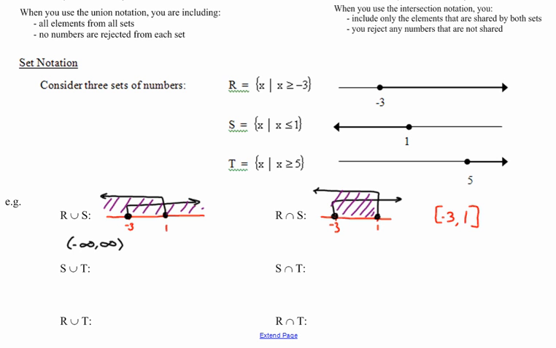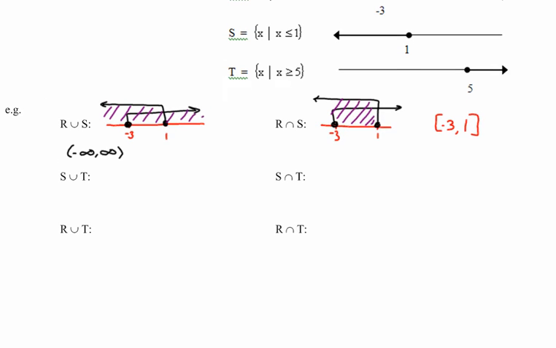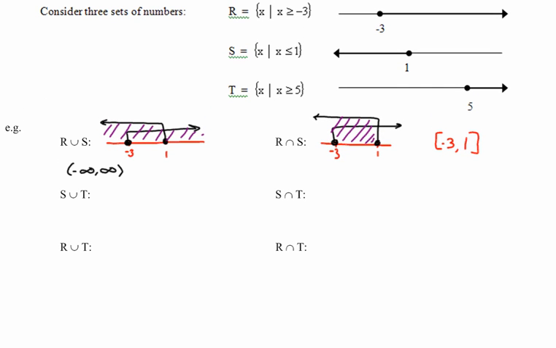Let's try another two, s and t. Okay, so s is less than or equal to 1, and t is greater than or equal to 5. So the union, well, how do we actually state it?